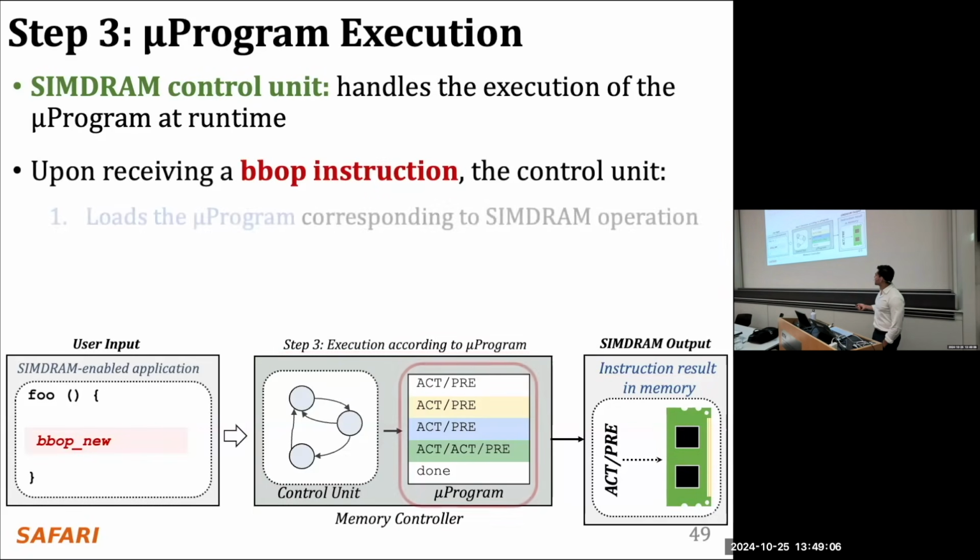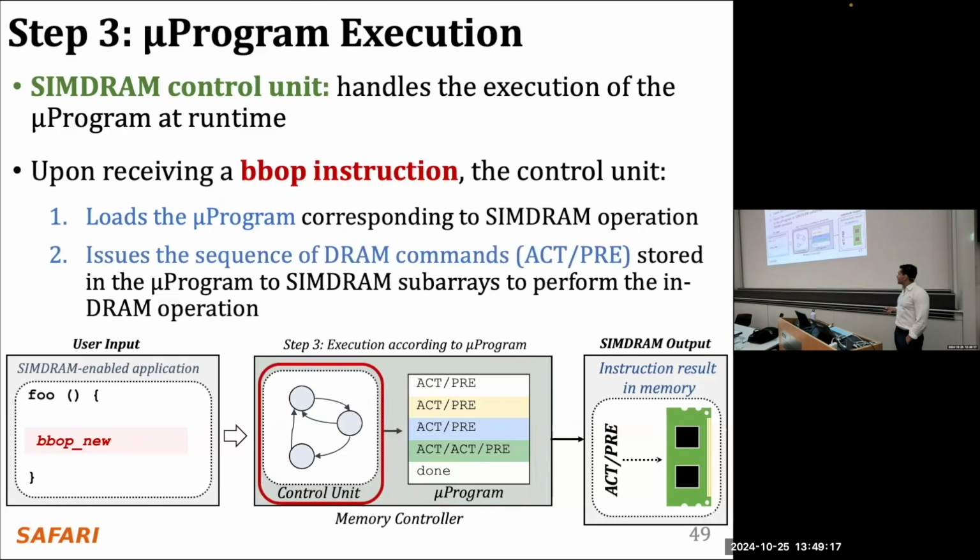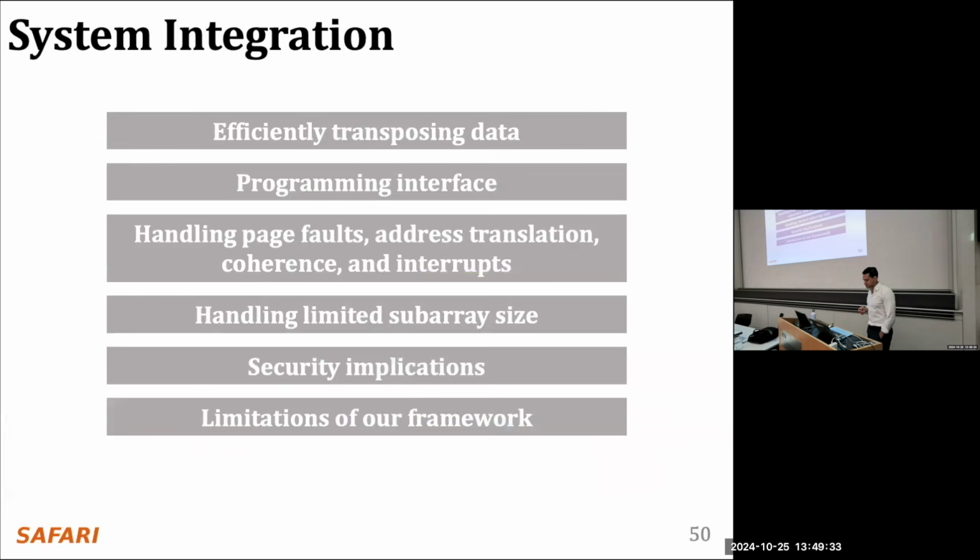So we create a control unit inside the memory controller, which, when you issue a BBOP instruction, loads the microprogram for the corresponding operation, and issues the activation and precharge commands that realize that given microprogram one by one, and also deals with some control that is required for that. And in the end, we have the output inside the DRAM chip.